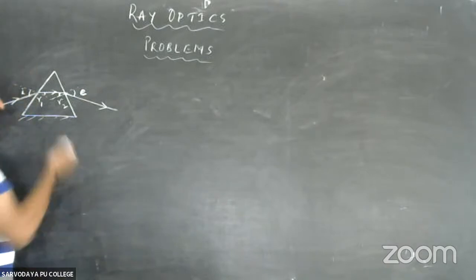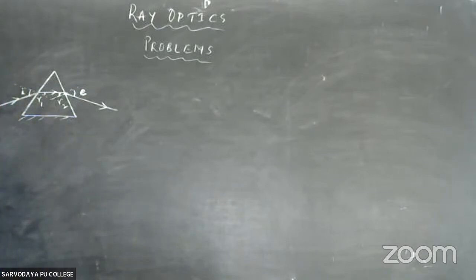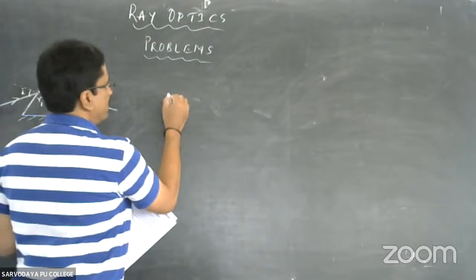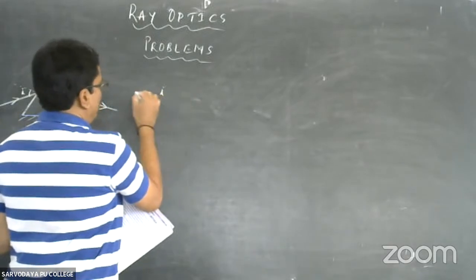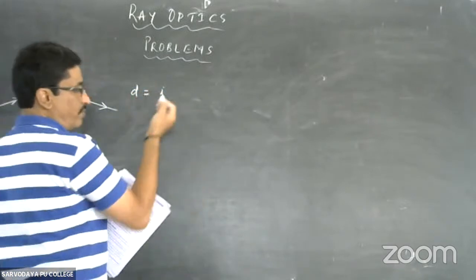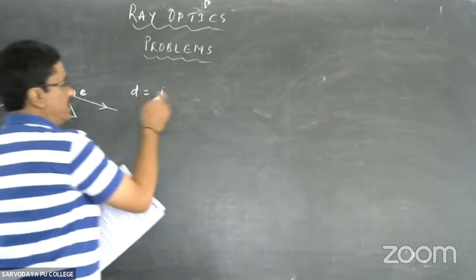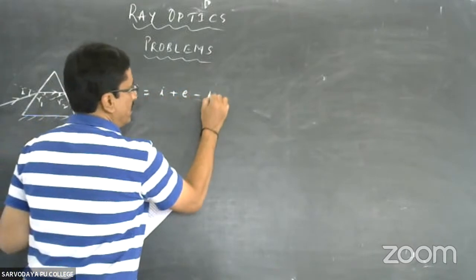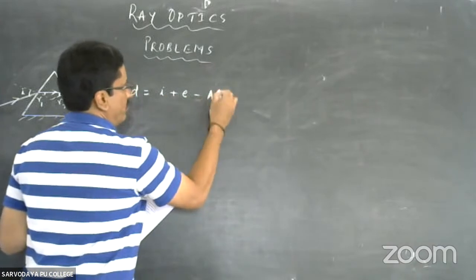During the derivation of the formula for the refractive index of the material of the prism, you will come across this total deviation. Basically we will come across the formula during the derivation: D is equal to angle of incidence plus angle of emergence minus A, that is, R1 plus R2.